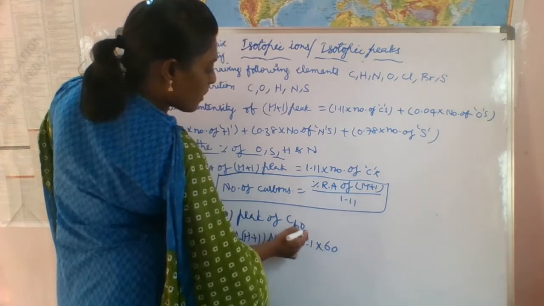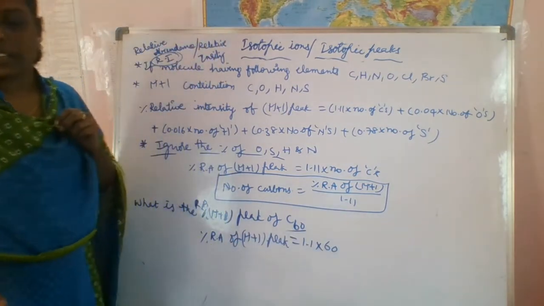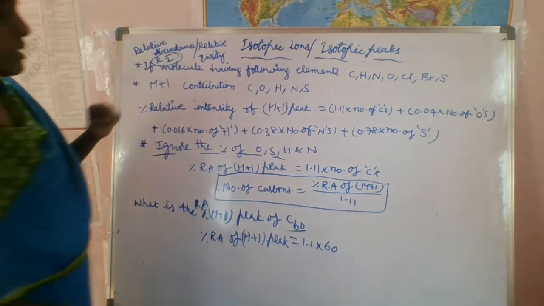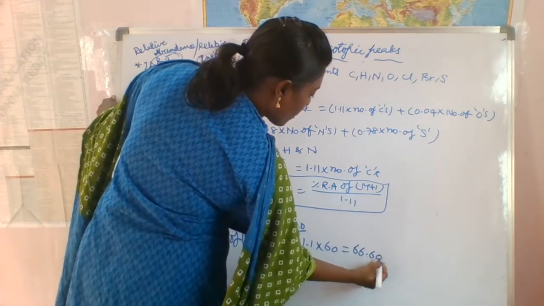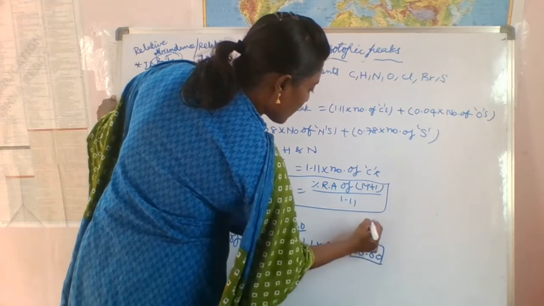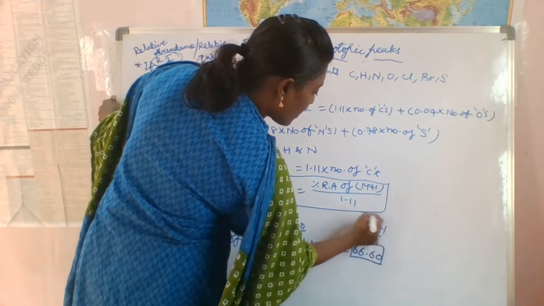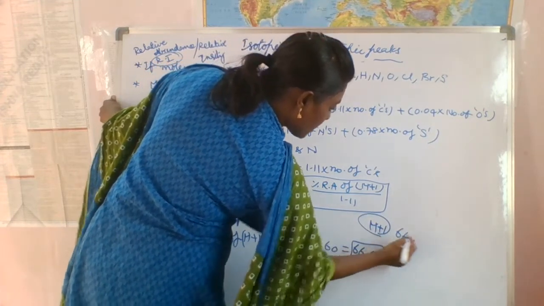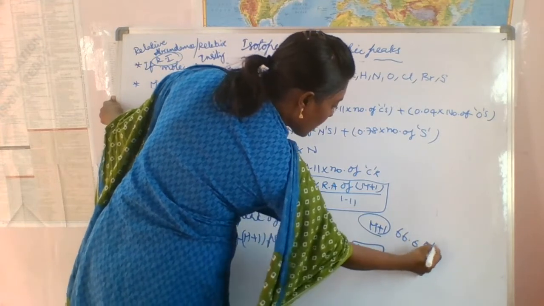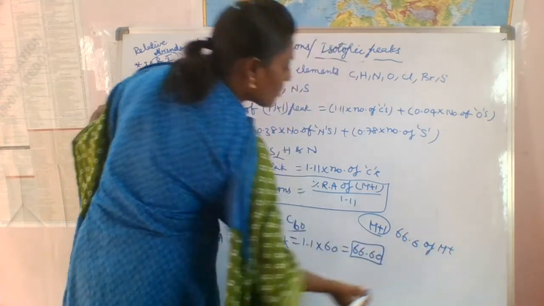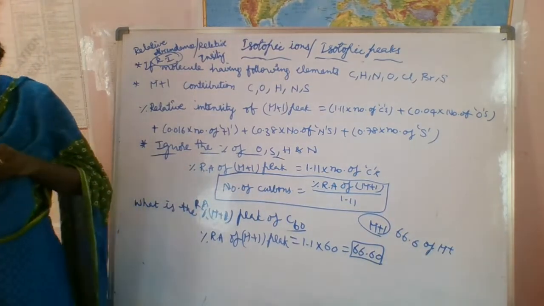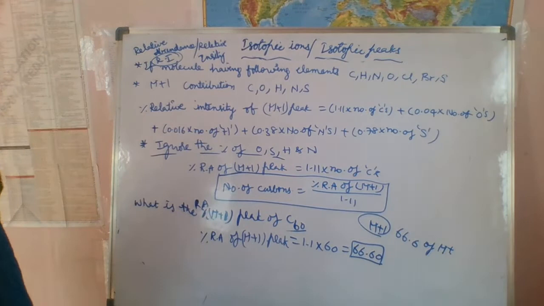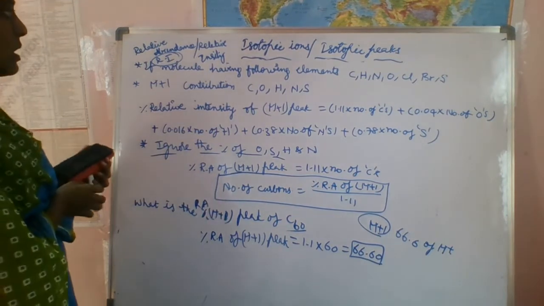What is the number of carbons? 60, right? So what is the answer here? 66.6. So the M plus 1 peak abundance is 66.6 of the molecular ion, because 60 carbons are there, right?